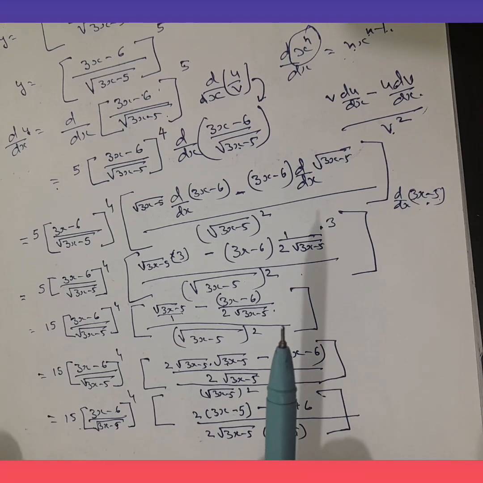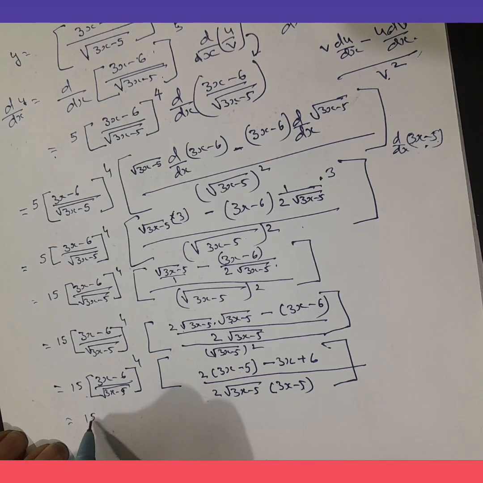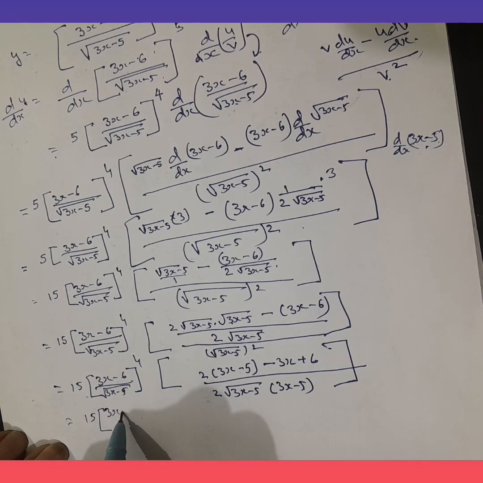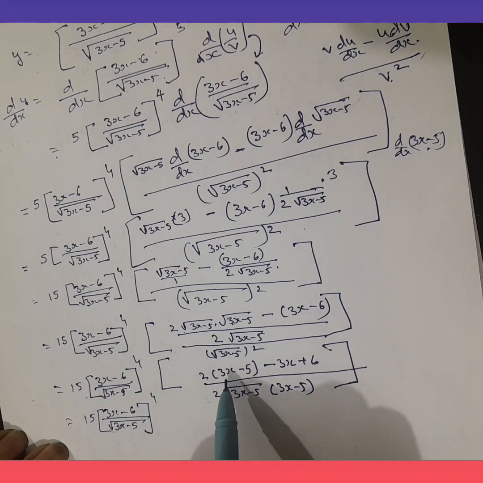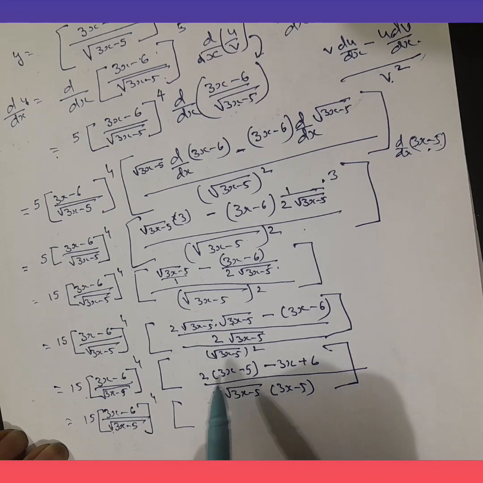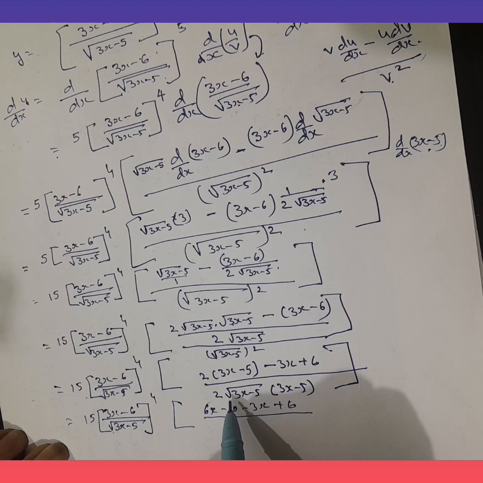So then what happens? Of course this is not final, lots to go. You have 3x minus 6 upon root of 3x minus 5 as it is, and here I open up the bracket, so it becomes 6x minus 10 minus 3x plus 6, divided by, now see, this is root 3x minus 5 and this is 3x minus 5.